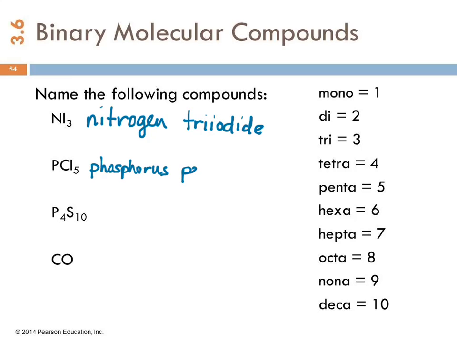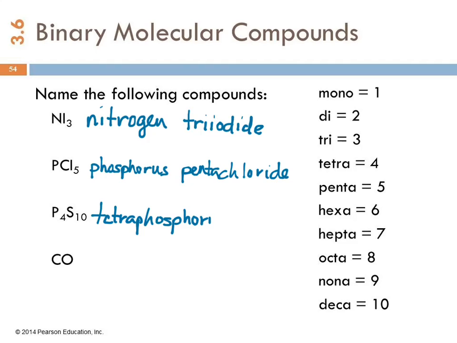Phosphorus, penta. The prefix just smashes right up to the second element's name, pentachloride. Well, P4S10. Tetraphosphorus, because there's more than one of that first one, so we do need the prefix.